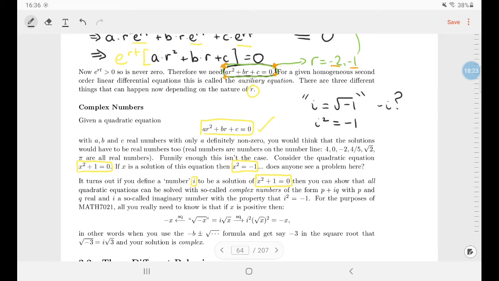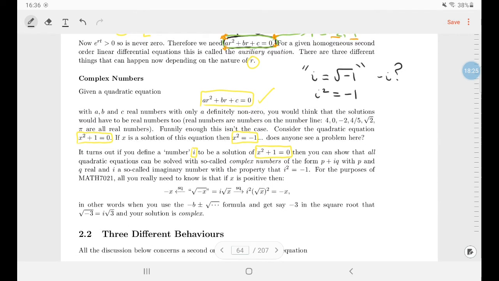Now, that's possibly complicating things. For the purposes of Math 7021, all you need is this bit: if you end up with the square root of -3, you may replace it with i root 3.